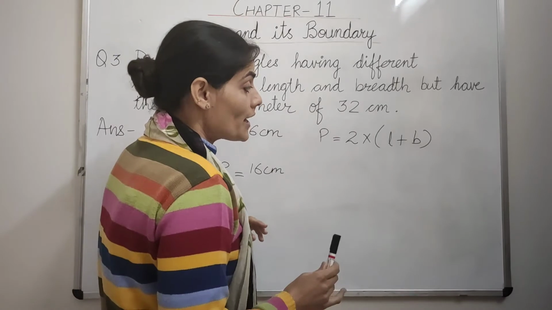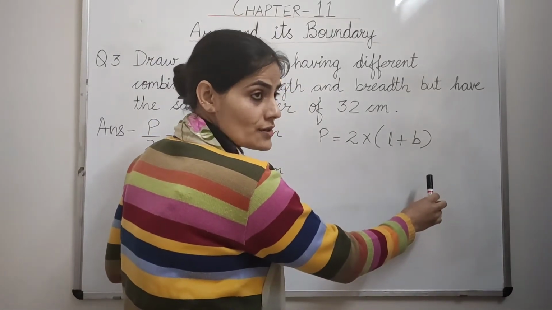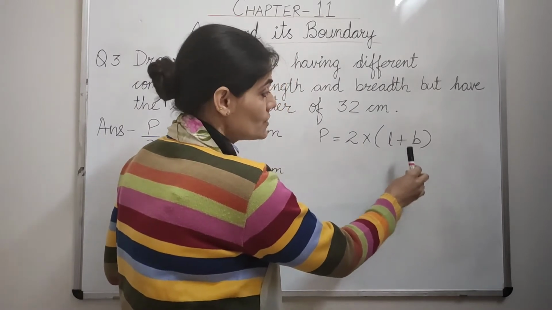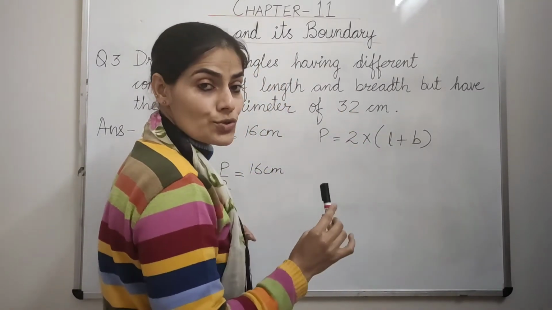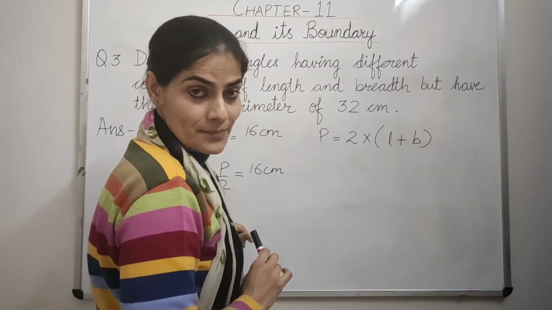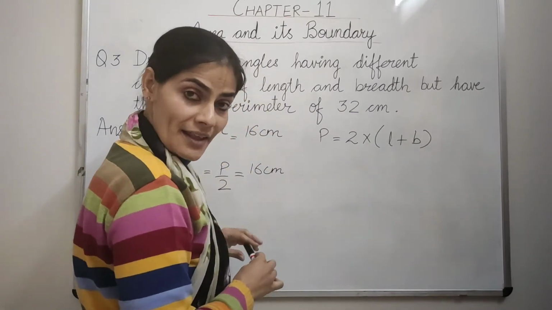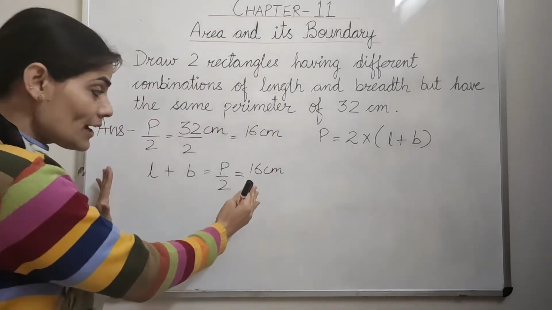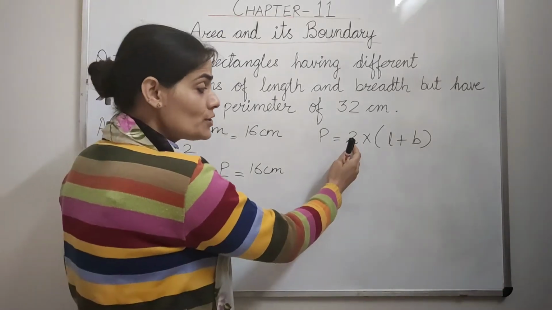Now we already know the perimeter. We are required to find two such dimensions. With those two dimensions, we should be able to get the perimeter of 32 centimeter. Now, here we did 2 times the sum of length and breadth. To make our calculations easier on this side, what am I going to do?